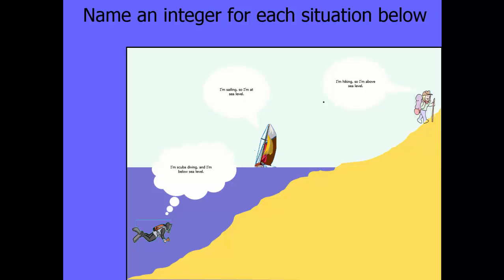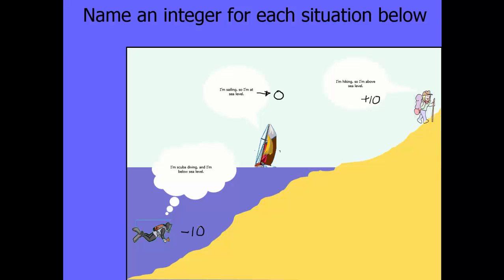All right, hopefully you paused the video. So if this is sea level, guess what? Sea level, you don't have any options. That would be 0. Sea level means 0. Up above sea level, I don't know, that hiker could represent positive 10 meters above sea level. Scuba diver, that could represent negative 10 meters.